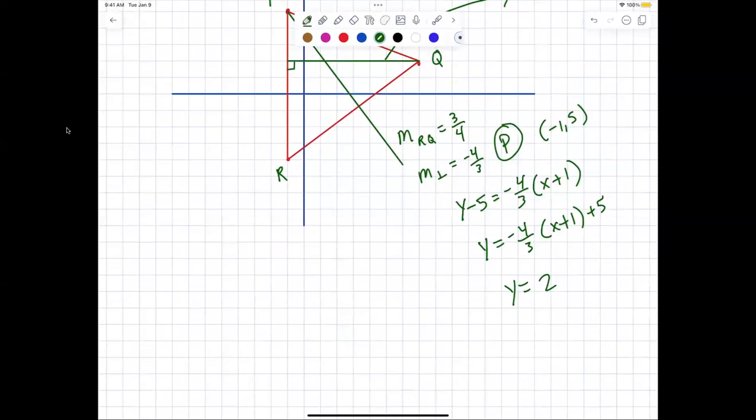And what is the intersection point? There you have it. All right, hopefully you feel better about it. 1.25.